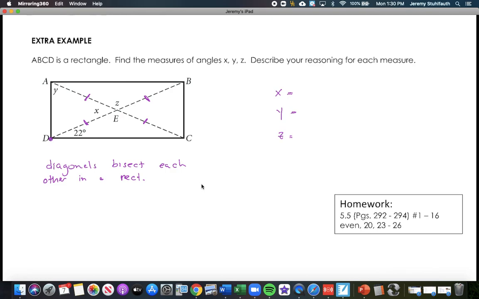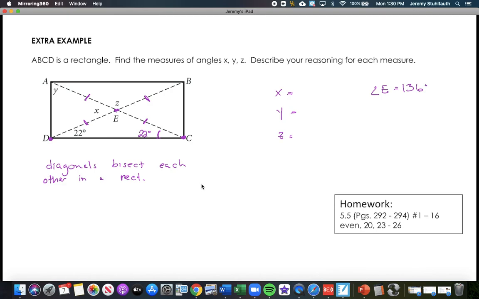This triangle DEC is isosceles. So because it's isosceles, we know that this angle over here has to also be 22 degrees because base angles of isosceles triangles are congruent. So we have 180 minus 22 minus 22, which gives you 136. So we know angle E is equal to 136 degrees.